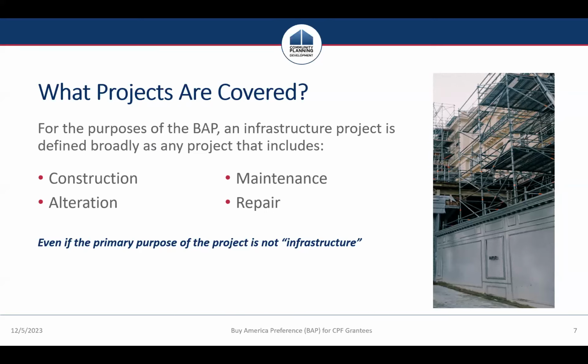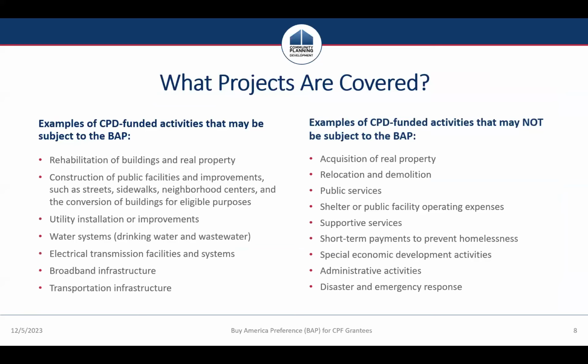And so let's talk a little bit more about the types of projects that are covered. So our left-hand column is examples of CPD-funded activities that could be subject to the BAP.